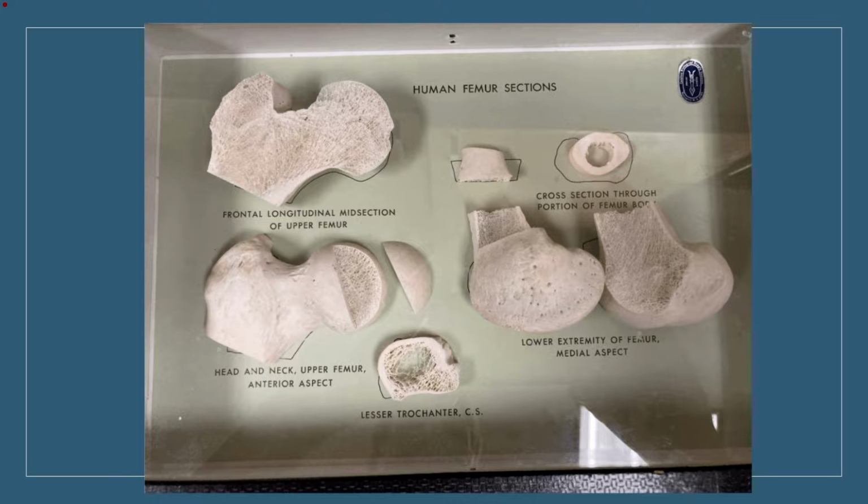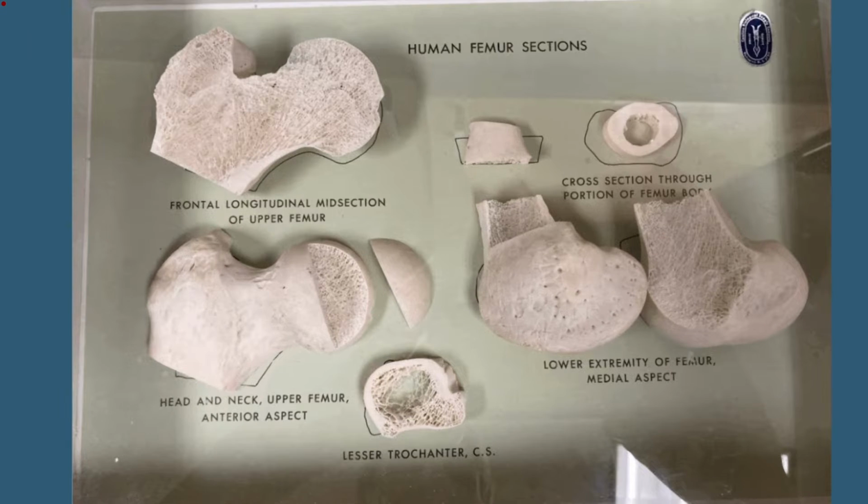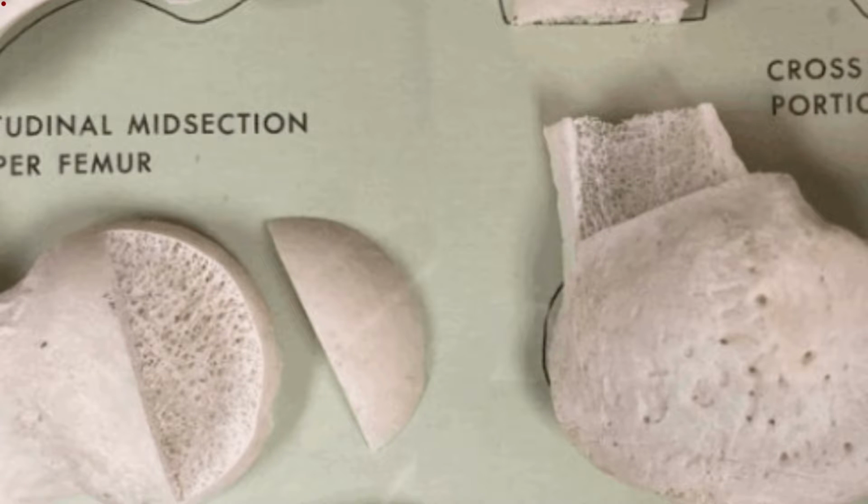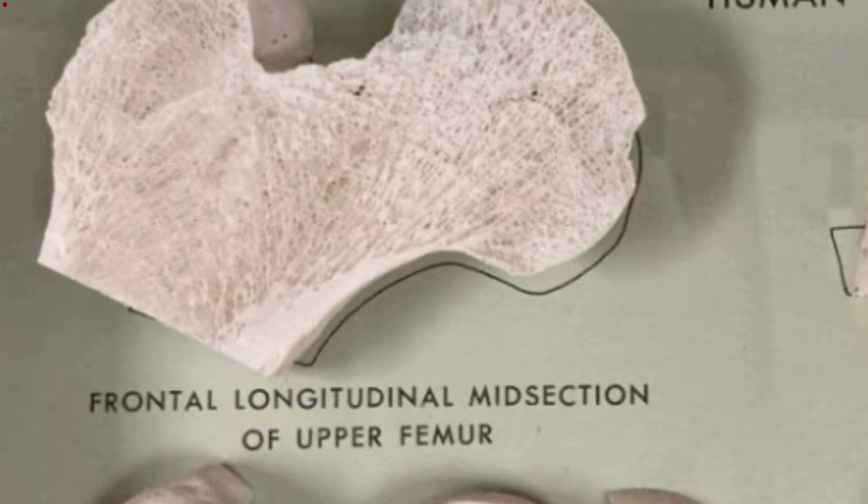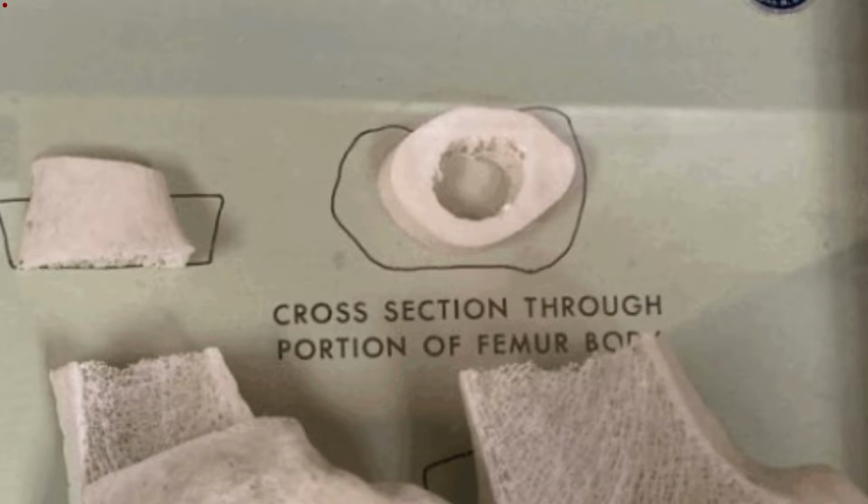So here is spongy bone. Let's zoom in on this so you can get a good look. You can see the bone here in the epiphyseal ends is spongy. It looks spongy. And then the compact bone, you can see that there's no space between the bony tissues here. It's all packed tightly together, right?